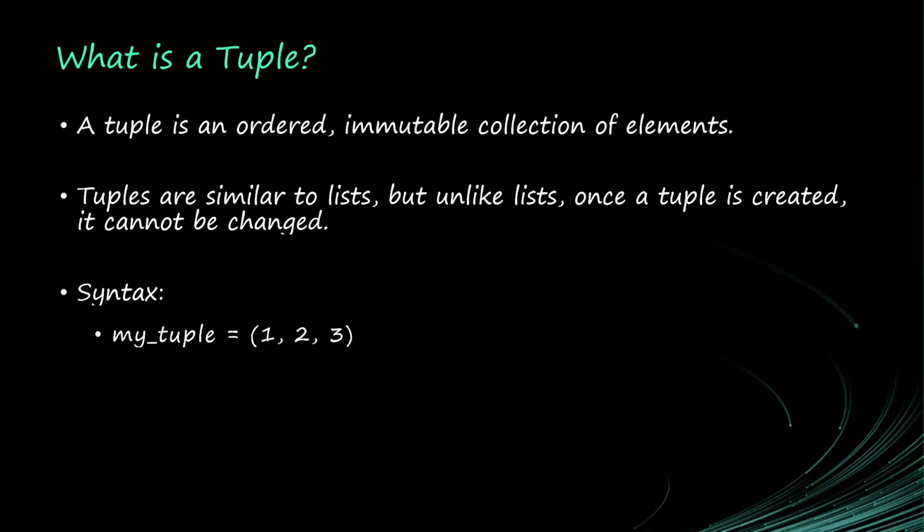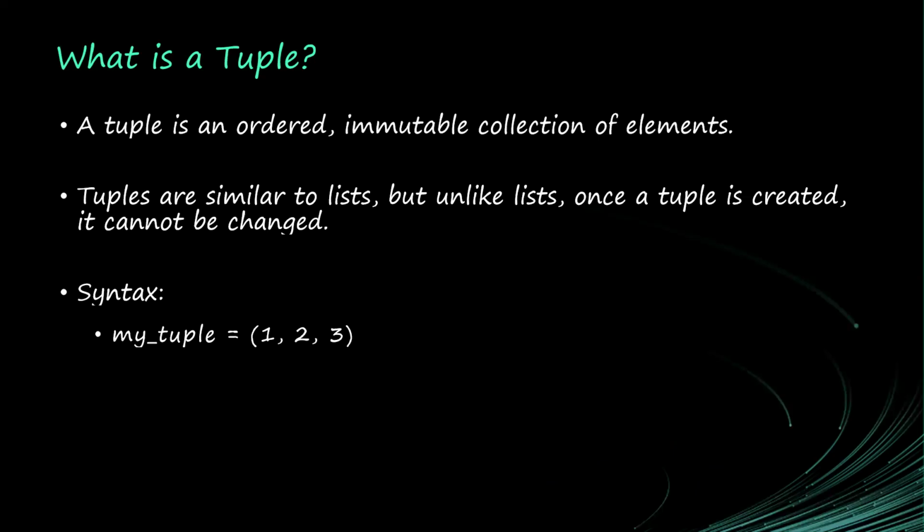So how do you create a tuple? For a list, you use square brackets, but for a tuple, you use parentheses. This is the difference here.